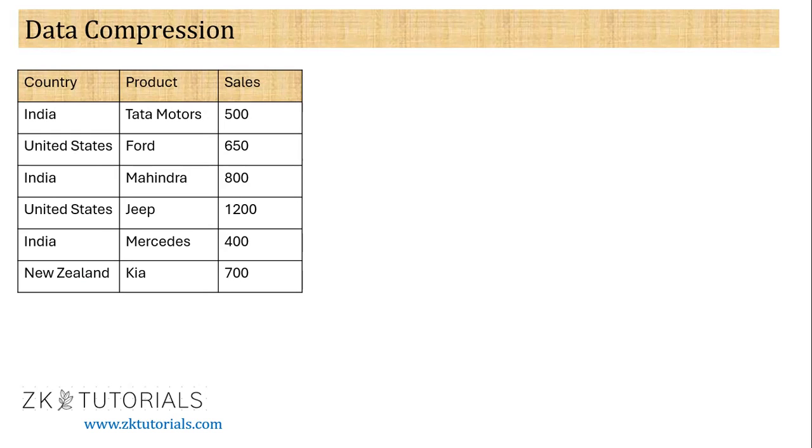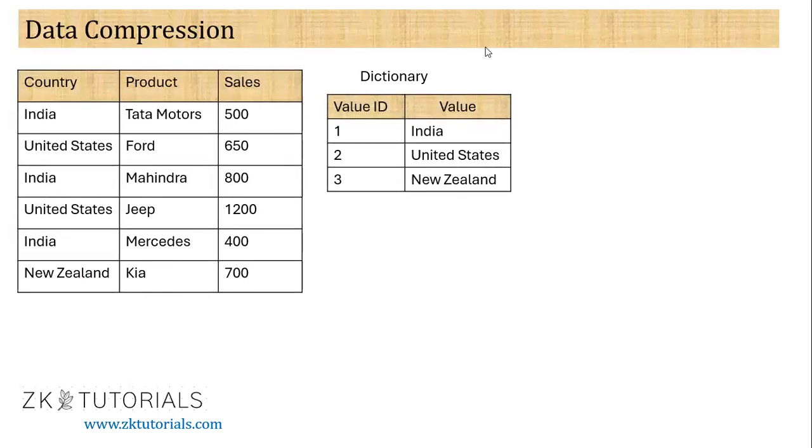For that purpose, it creates a dictionary which holds the distinct values in a particular column. For example, here the dictionary holds all the distinct values in the column country. So for this column country, this dictionary table contains all the distinct values.